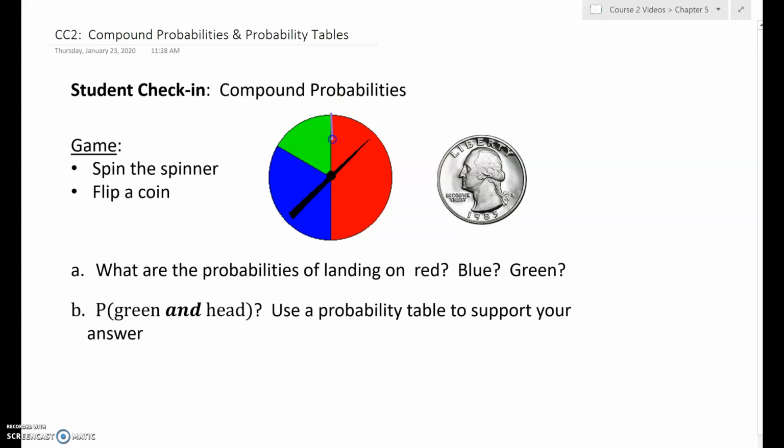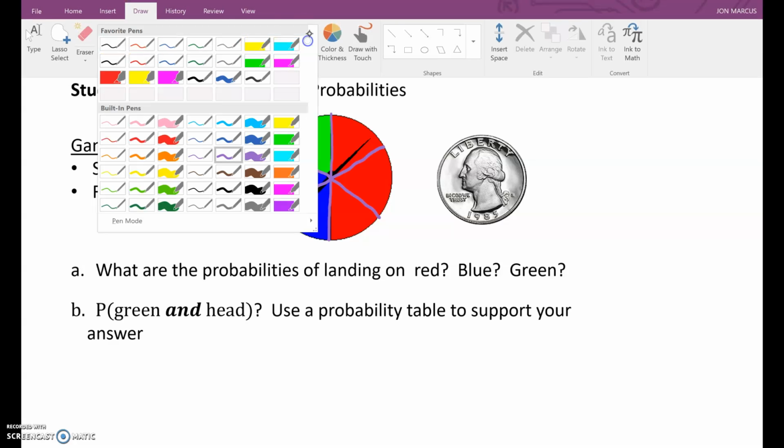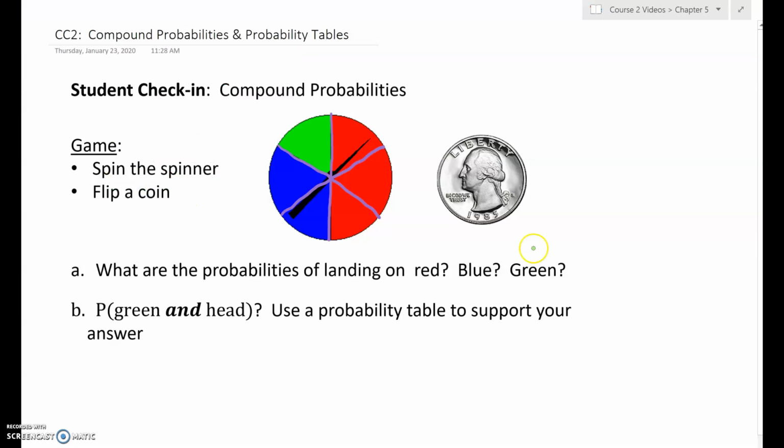So if we go ahead and cut this up into equal parts, I'm going to cut along the green line here. And then if I bisect that blue section, we end up with 6 equal parts. So the probability of it being green is 1/6.